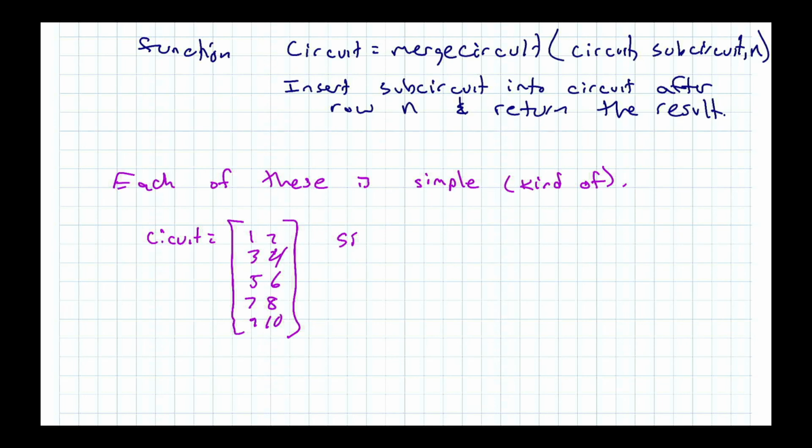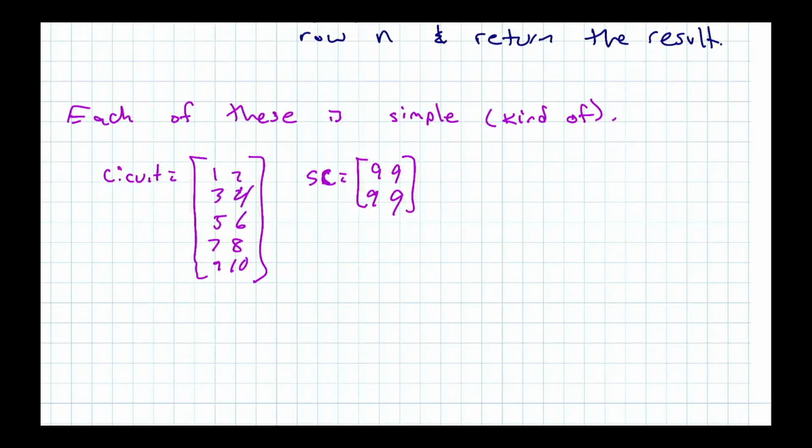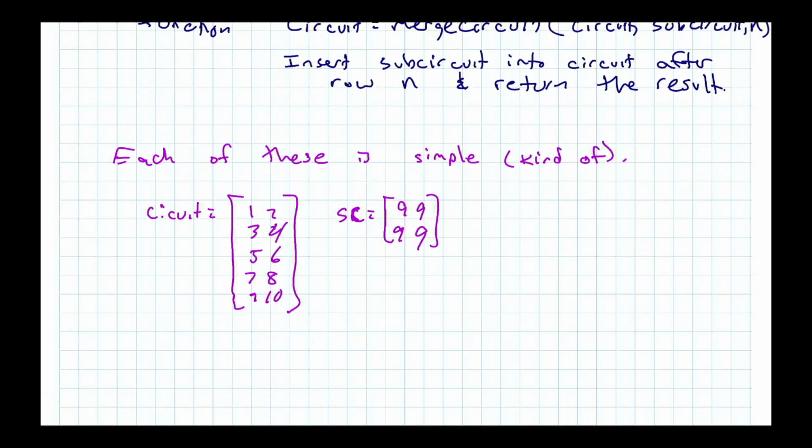And suppose subcircuit, I'll say SC, was that it can be small. 5, 6, 2, 1, whatever. I don't know why I used 5, 6. Should just do like 9, 9, 9, 9. Something like that, right? Now, this would not be valid input, but I mean, it would not come from this function.